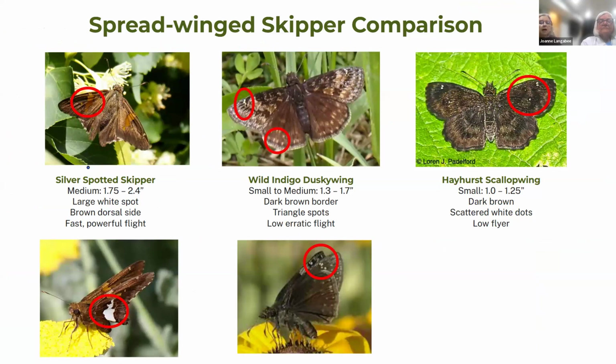Comparison. Our largest spread wing in this area is our silver spotted skipper. If the wings are open and you're looking at the dorsal side, there won't be a lot of markings to see. If it's just come out of the chrysalis, there'll be orange stripes that will be really brilliant and beautiful.